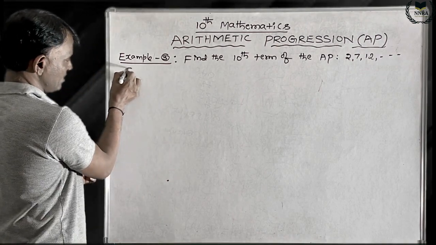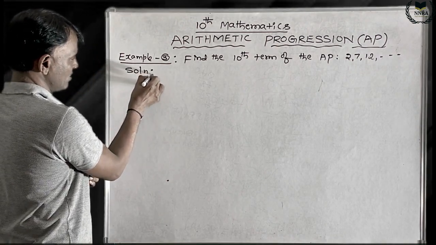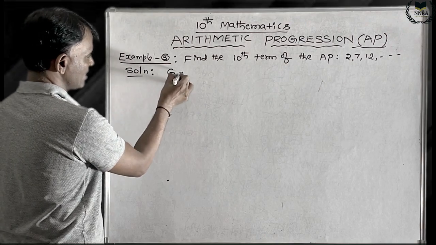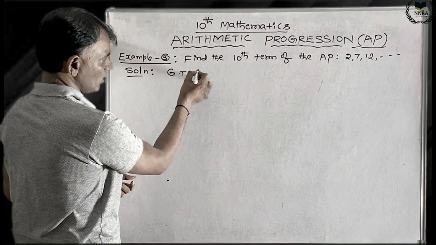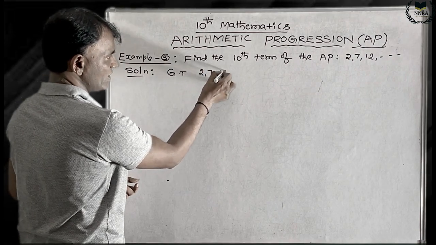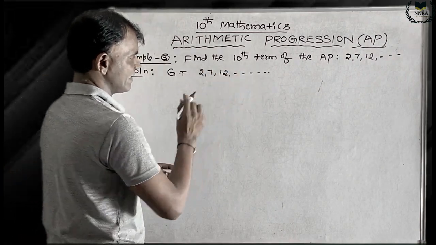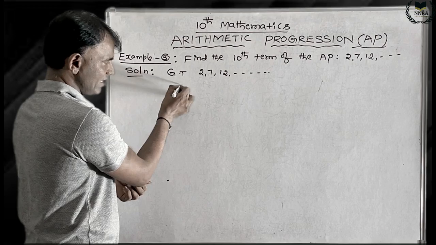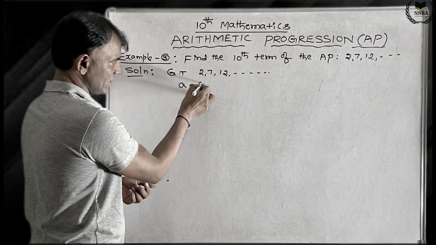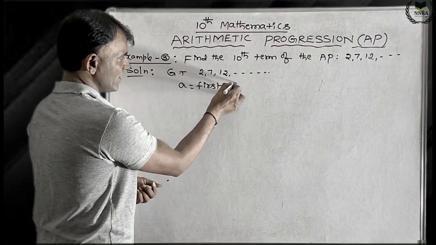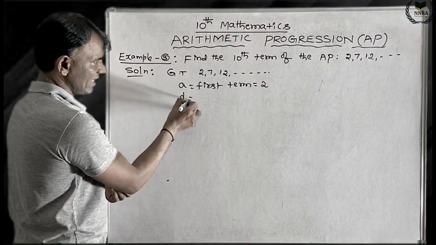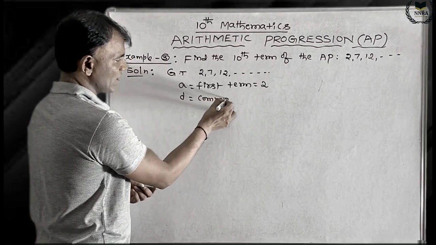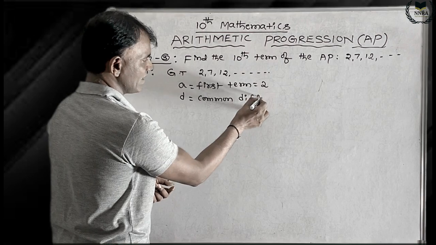So coming to the solution, given AP: 2, 7, 12 and so on. In this, a equals the first term, that is 2. d equals the common difference.